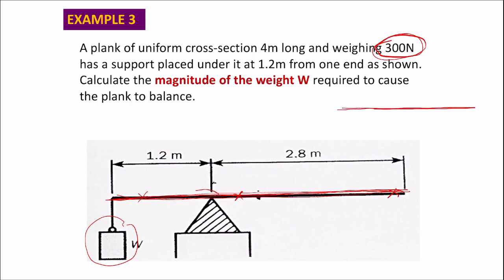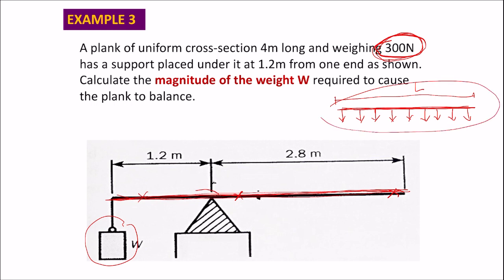For example, beam adalah uniformly distributed load, dia punya self weight. So sama je, sepanjang-panjang berapa L meter dia ni, weight dia sama. And in this case, dia dah bagi dalam 300 Newton, meaning that berat keseluruhan plank ini adalah 300 Newton.